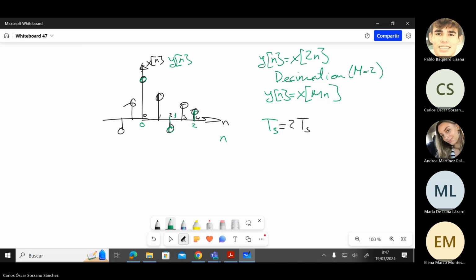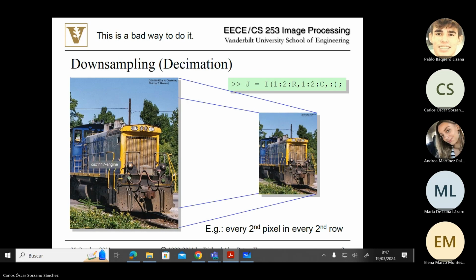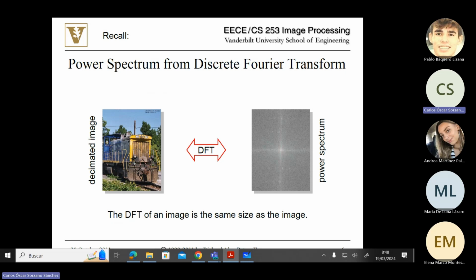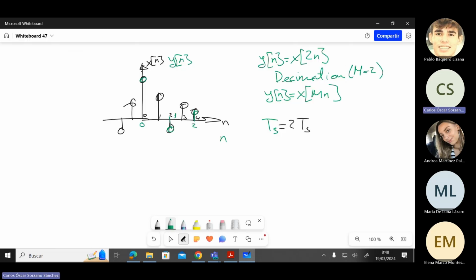Okay, so this is the separation, and then we have the power spectrum of the input signal, and then the power spectrum of the decimated one. Okay, so let's remind a little bit this kind of stuff.